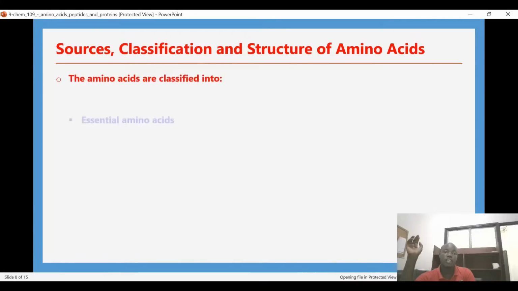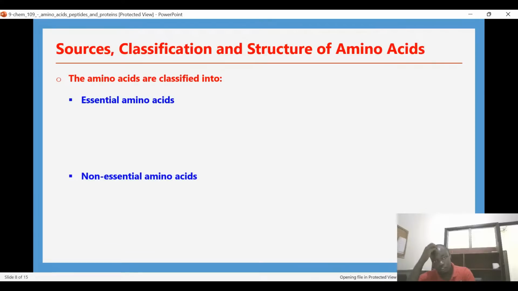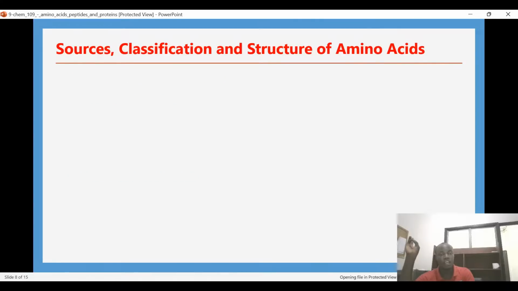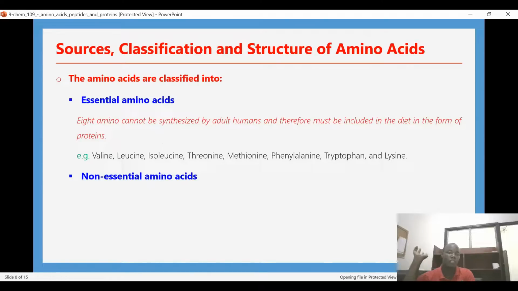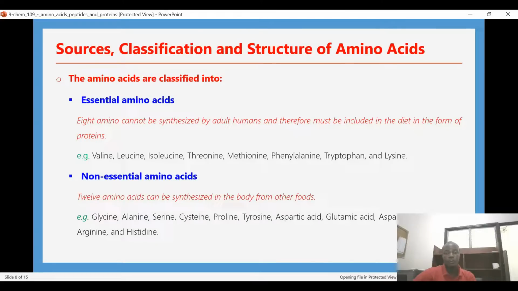So the next thing is the classification of amino acids. Amino acids are classified on different bases. We have essential amino acids, and of course non-essential amino acids. What are the essential amino acids? 8 amino acids cannot be synthesized by adult humans and therefore must be included in the diet.